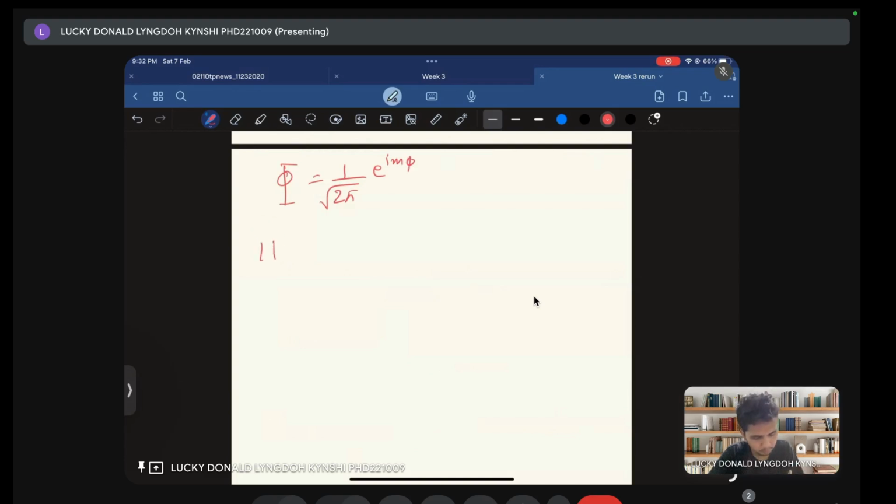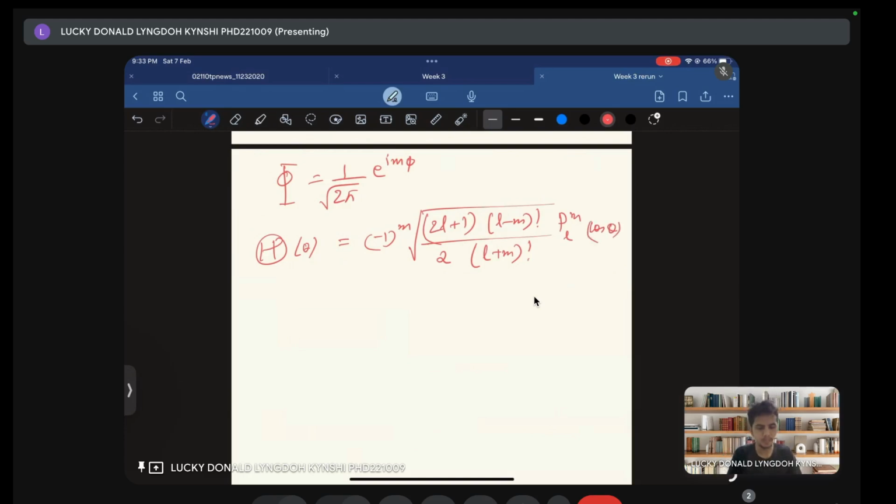And the theta part, which is a function of theta, is minus 1 to the power of m times the square root of (2l plus 1)(l minus m)! divided by 2(l plus m)!, times P l m of cos theta. That means Y l m of theta and phi is just a multiplication of these two terms, phi and theta.